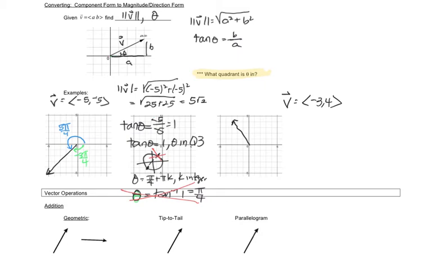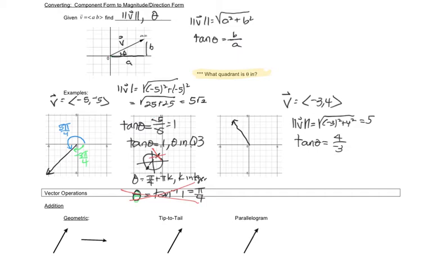And so the magnitude, this is what I was talking about, very neat, is the square root of 25, so 5. Tangent of theta equals the y component over the x component.